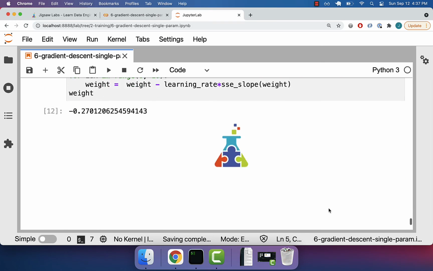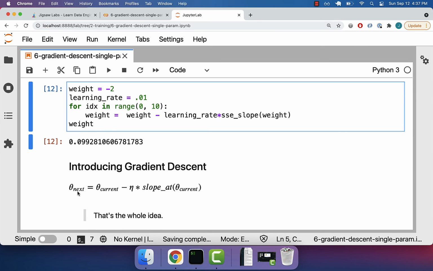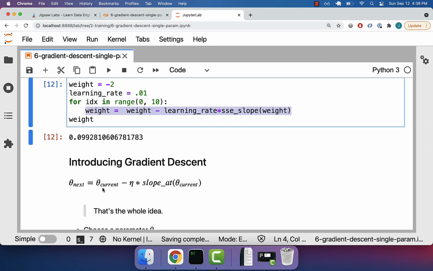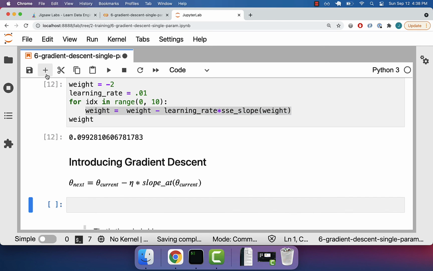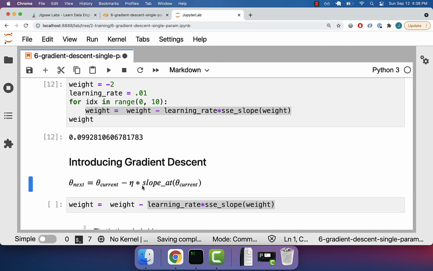Here it is. This is exactly what that is, okay? Mathematically, these two statements are equivalent, all right? This is how we did this in code, and this is what gradient descent looks like mathematically, where we say the next parameter value is our current parameter value minus the learning rate.